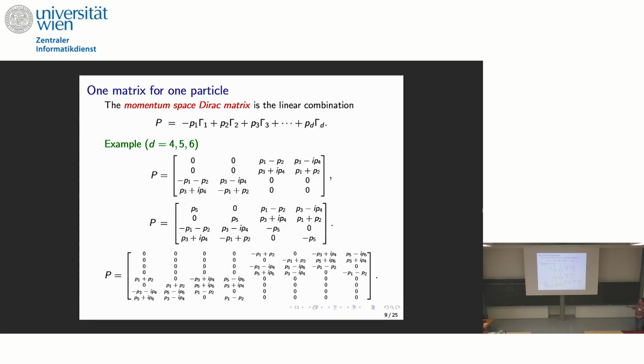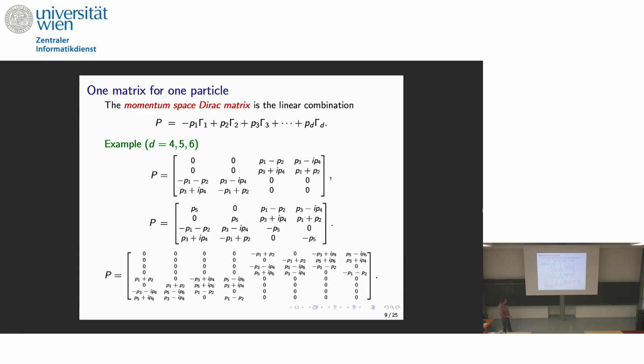We're going to encode this harmless tiny little particle in a very big matrix, namely the corresponding linear combination of these Dirac matrices. On the previous slide, we defined big square matrices gamma 1 up to gamma d. Now we're just going to take a linear combination, and here we have a minus plus plus, just like in the signature.